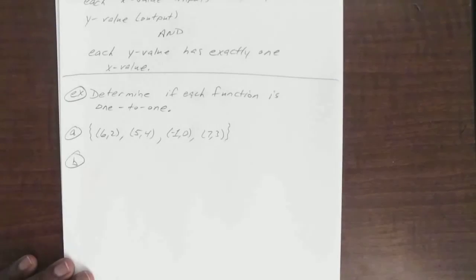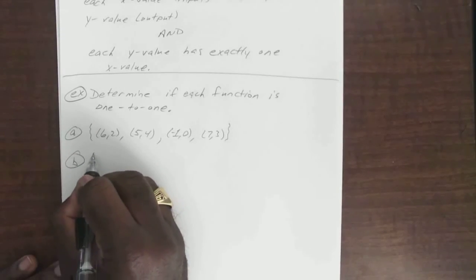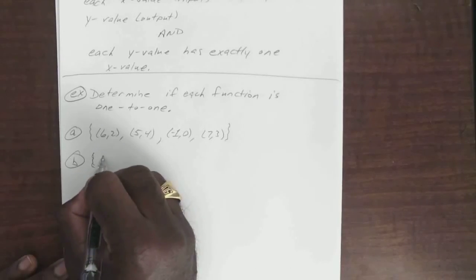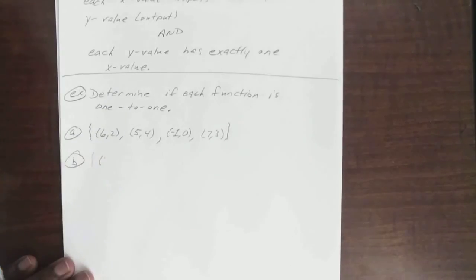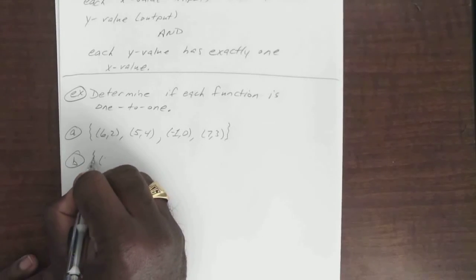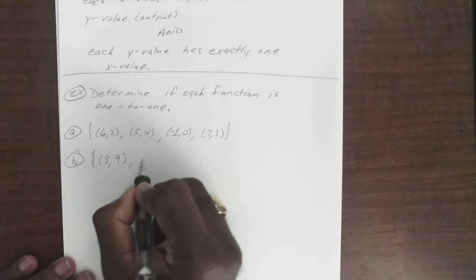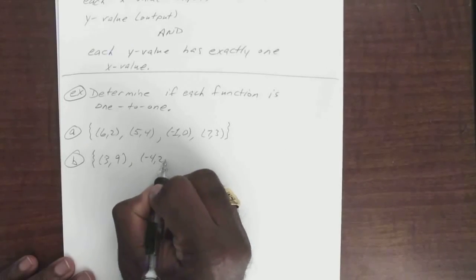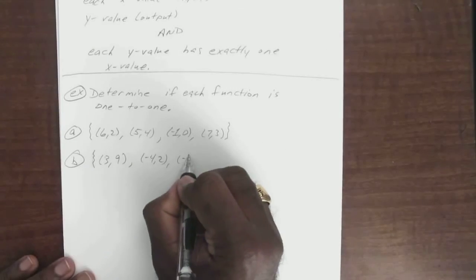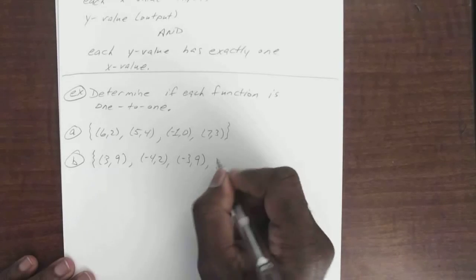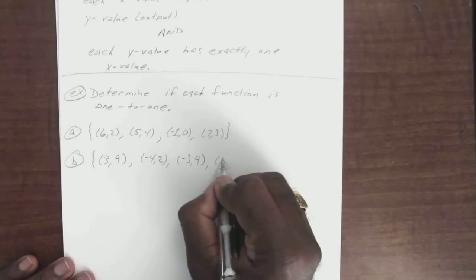And for problem B, you have the points (0.39), (-4.2), (-3.9), and (0.0).